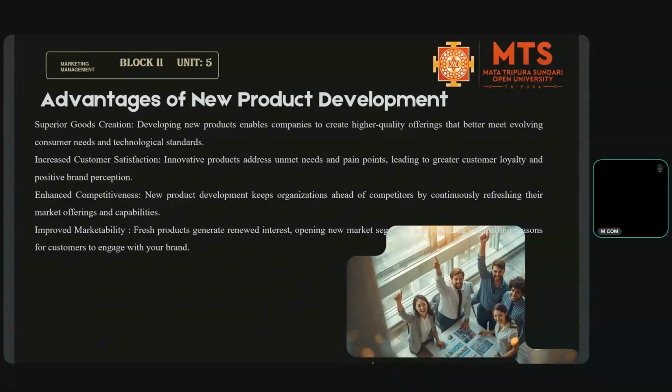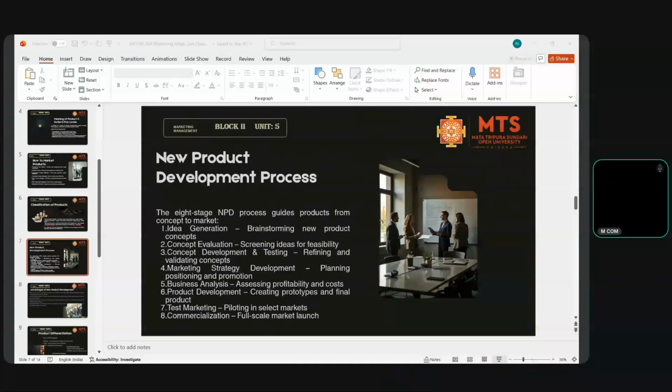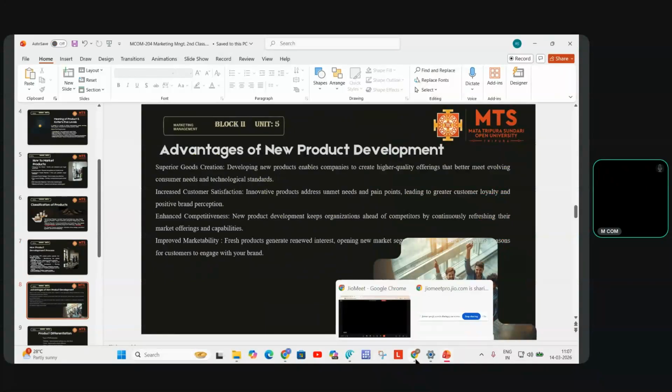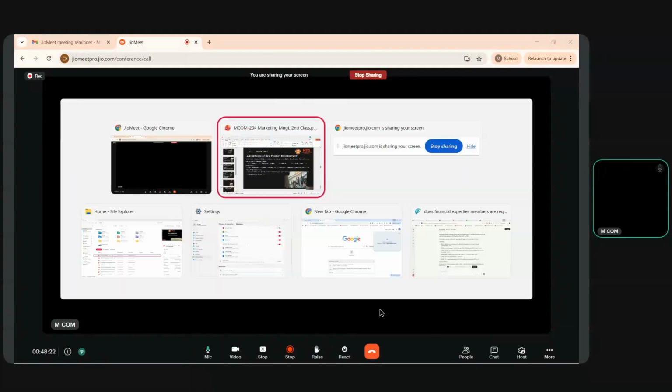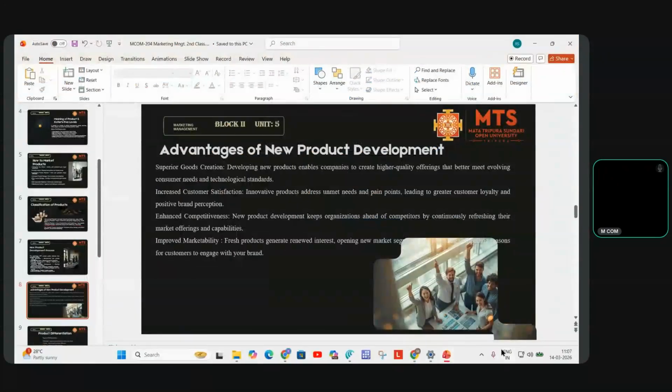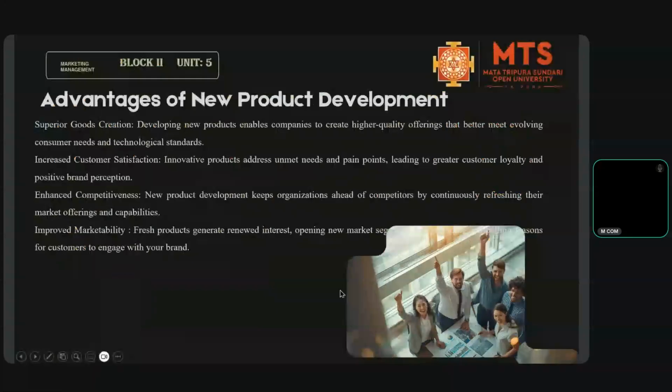When a particular brand or company comes with a new product, other competitors rush in too, wondering how they are making it, how they are refreshing the market offerings and capabilities.